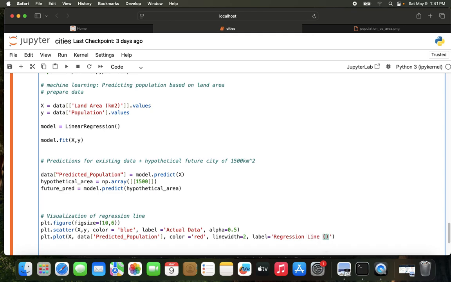Okay, so that's the trend. Like so. Now we can set our title, so we can do title, and then let's call that machine learning regression.